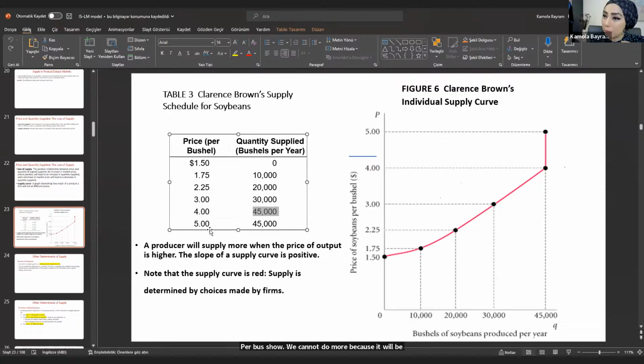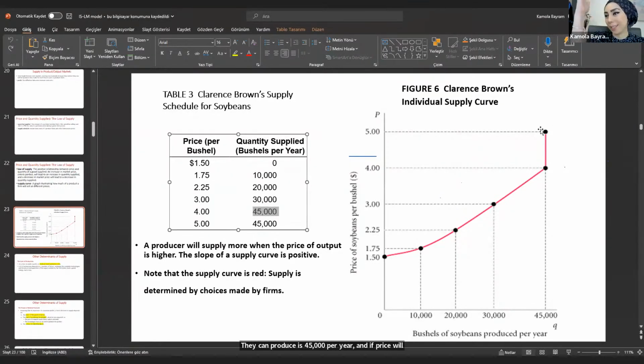So it can be land available, number 1. It can be manpower available, number 2. And mainly it should be resources available. So the maximum capacity Clarence Brown can produce is 45,000 bushels per year. And if the price increases, it will still be their maximum level. Therefore, you will see an increase, then there are no changes.